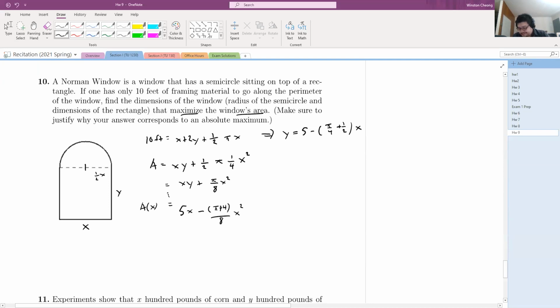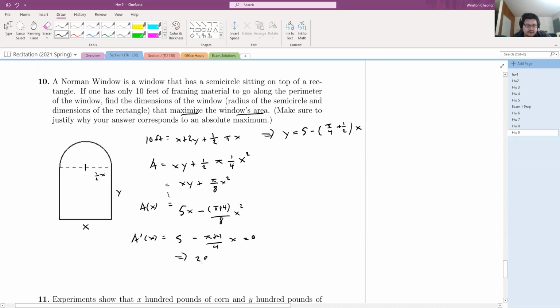And well, we take the derivative, set equal to 0, and solve. Okay. 5 minus (pi plus 4 over 4) x, set equal to 0.